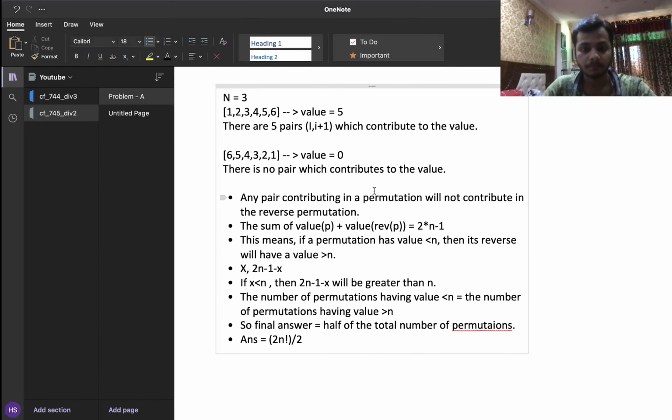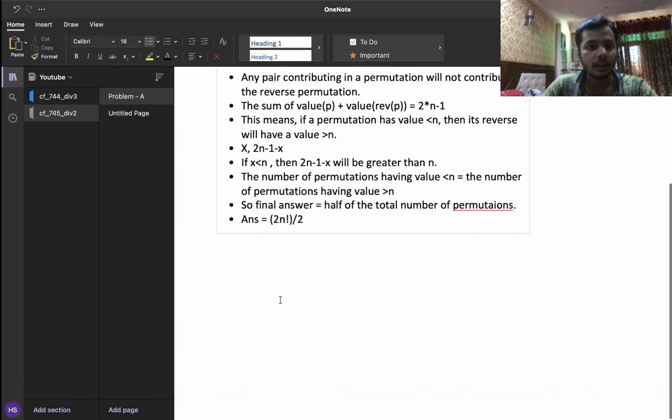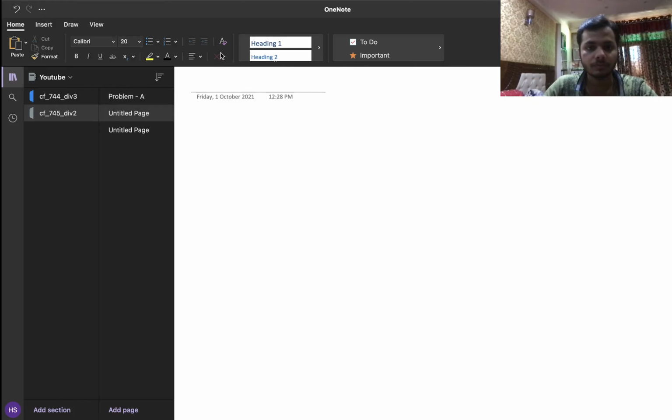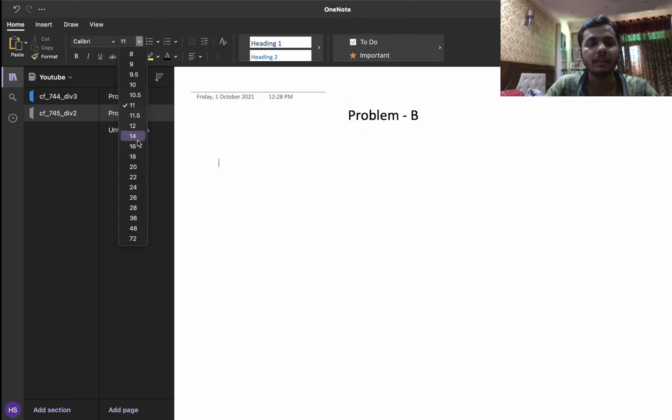Alright, so let's look at a situation where we have a graph. This is problem B. Alright, so now let's look at a situation where we have less than n minus 1 edges, right?